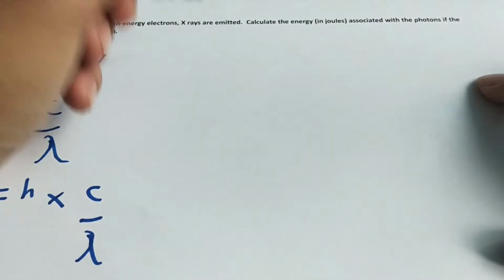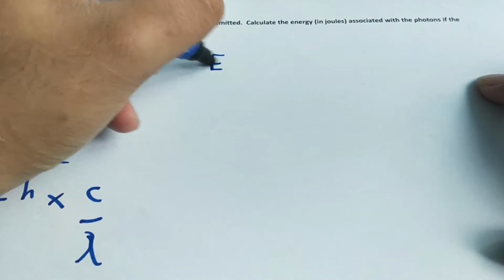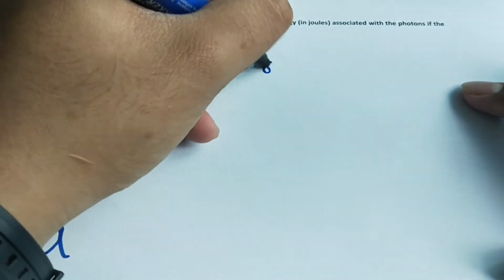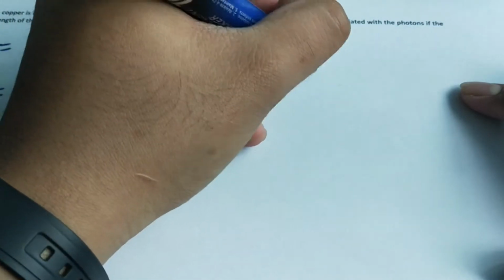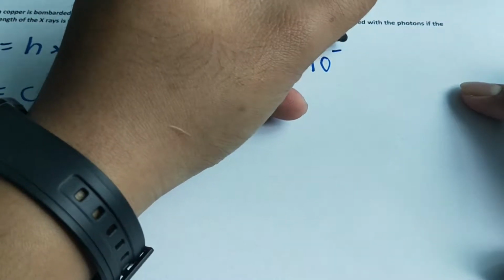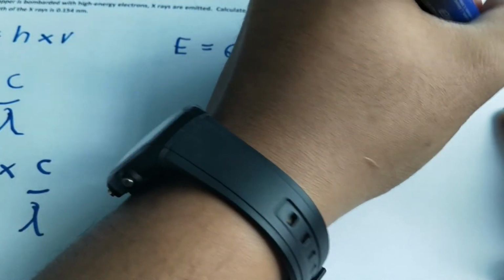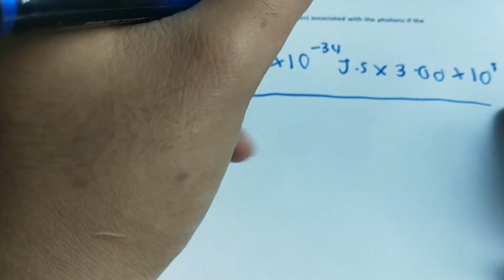Okay, we substitute with the values. E equals 6.63 times 10 to the power of negative 34, the unit is joule second, times 3 times 10 to the power of 8 over the wavelength.